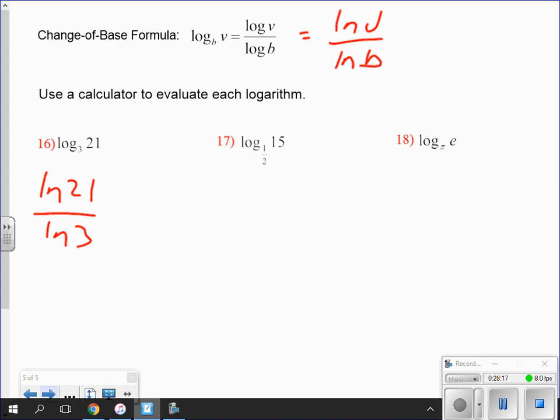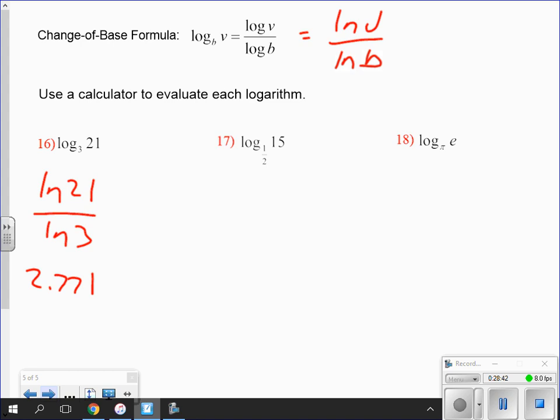You do not simplify. You have to do the logarithm of 21 and divide that by the logarithm of 3. And you would get 2.771 on your calculator. And if you don't believe me, take the natural log of 7 and see if you get 2.771. You won't.